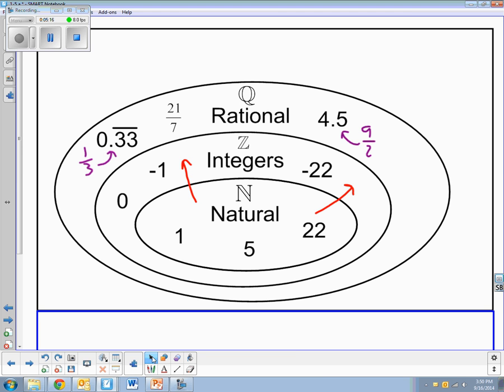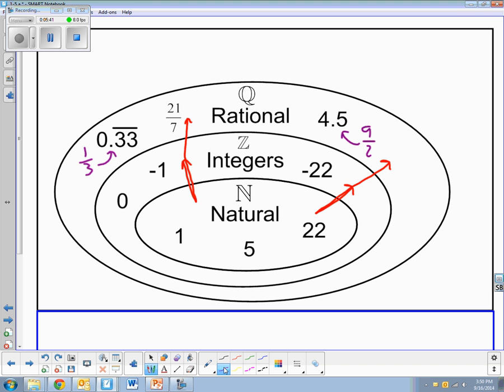Now there are those weird ones, like the square root of 10, square root of 15. Those are decimals that never end. And what we call those, I'll back up even further. Those arrows that I've drawn before, a natural number, 1, 5, 22, those can also be written as fractions. Negative 1 can be written as a fraction. 22 can be written as a fraction.